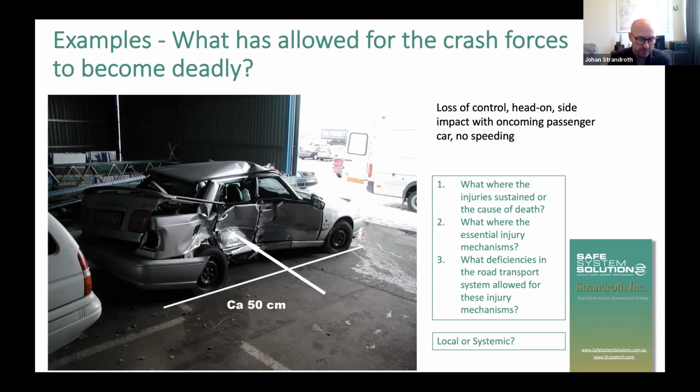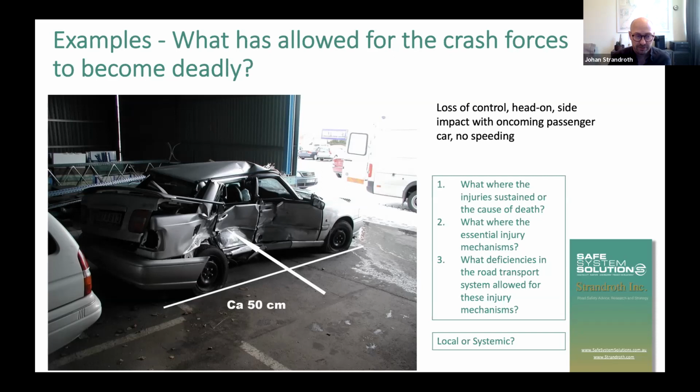But in this case, it was a passenger fatality. The passenger died, and the injury mechanisms were both acceleration and intrusion. Internal acceleration, but also intrusion. So in this crash, a lot of rib fractures and head injuries. So that was just not survivable.